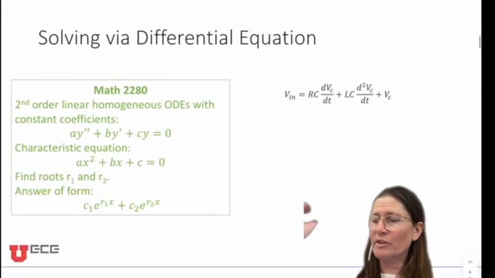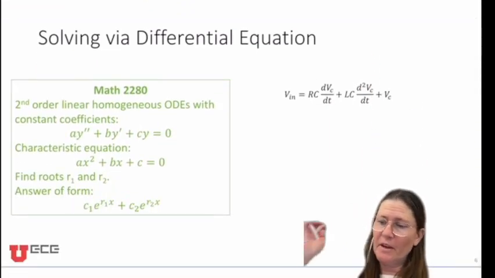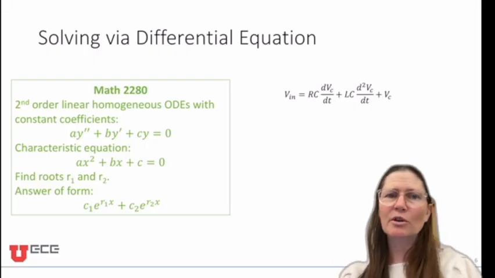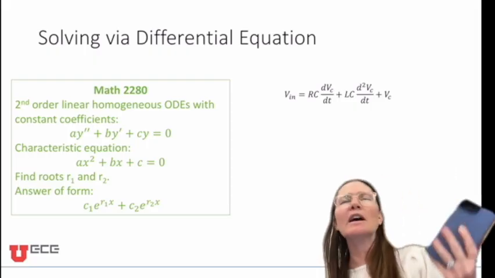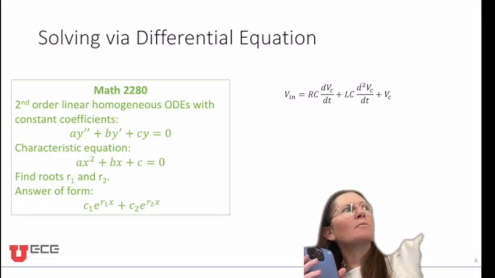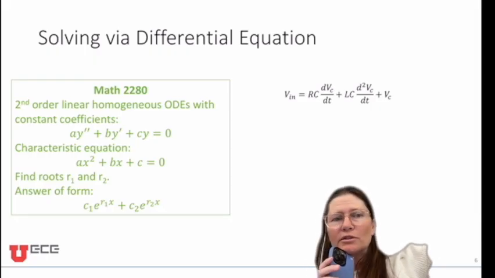So solving this differential equation, it's a second order linear homogeneous ODE with constant coefficients. Is that equal to 0? So remember, you can write these and then you get a characteristic equation. From the characteristic equation, you get two roots.